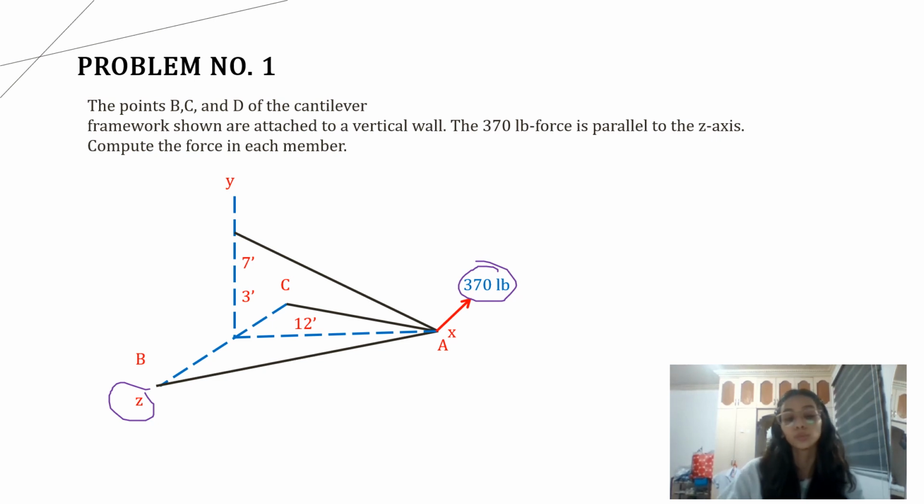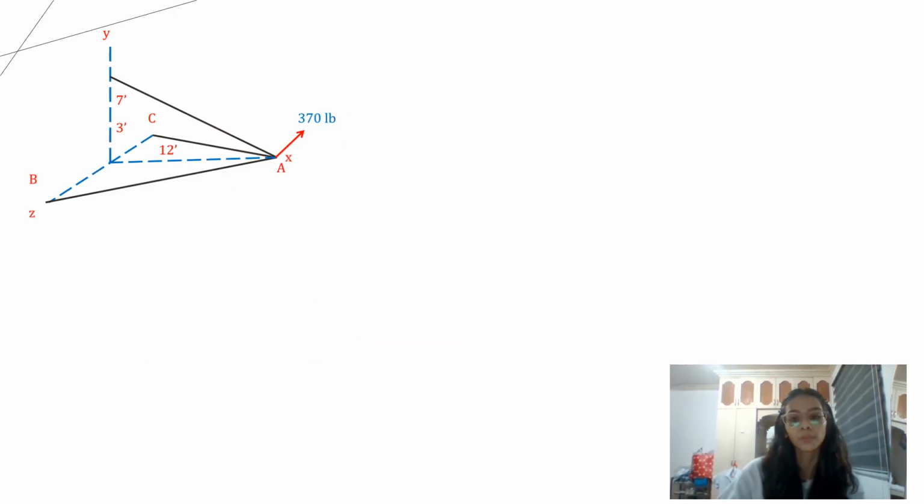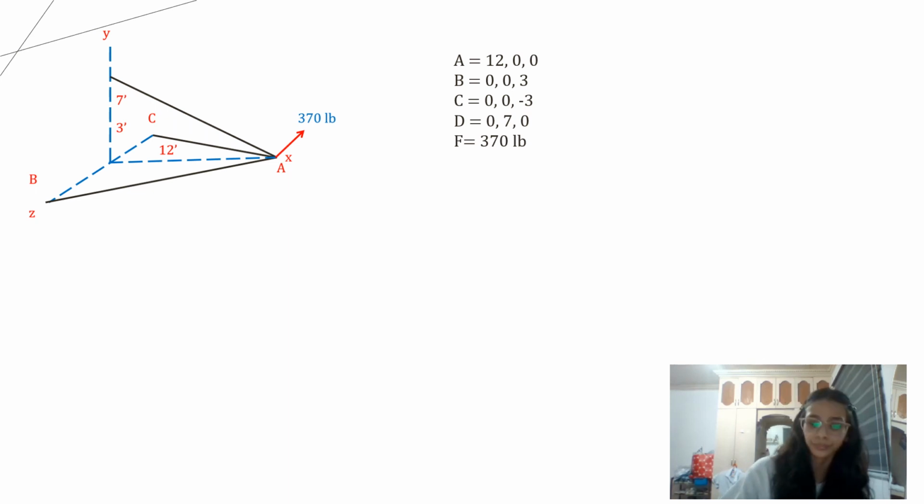So to solve our problem, we must first find the distances of each member. So here's the measurement of each. Our A is 12 inches.